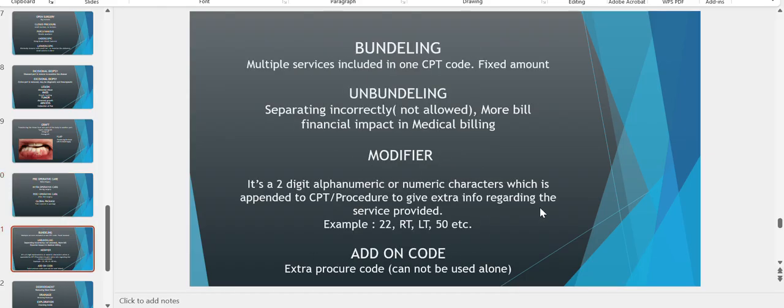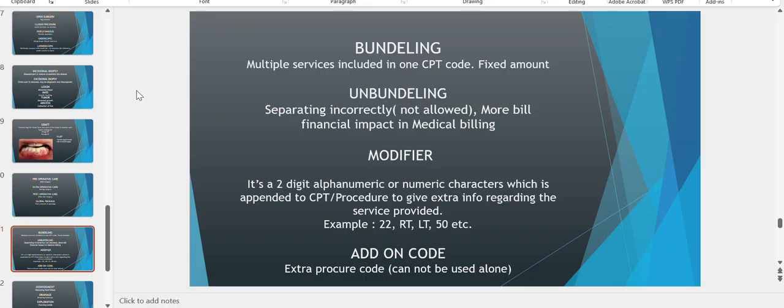Okay. Now coming to bundling and unbundling. We have to understand that, in medical billing, for the financial impact, bundling and unbundling will be checked. Bundling means multiple services included in one CPT code, with a fixed amount.